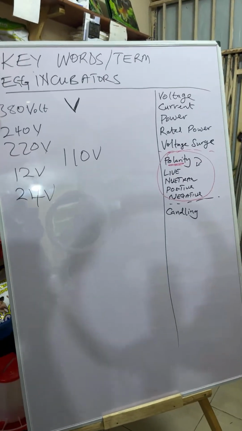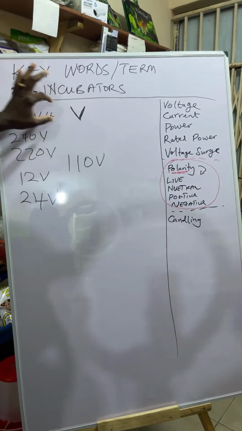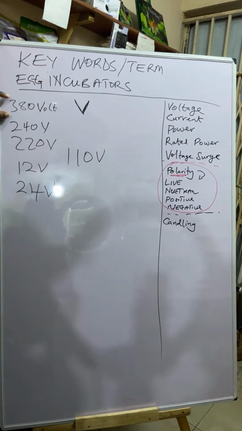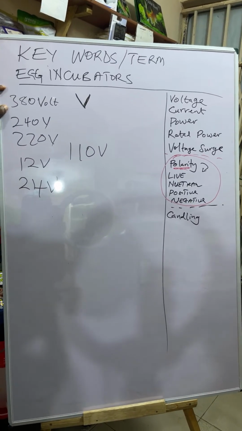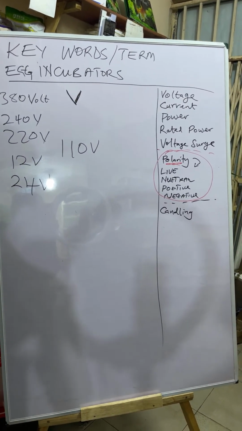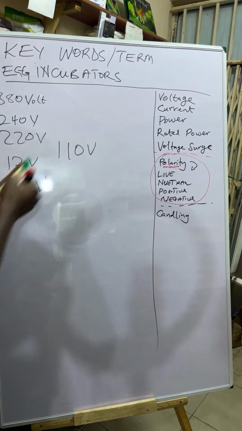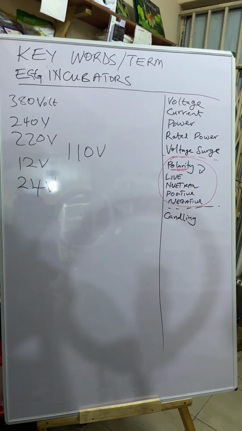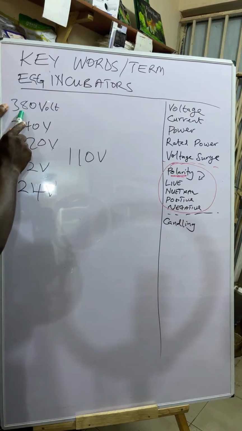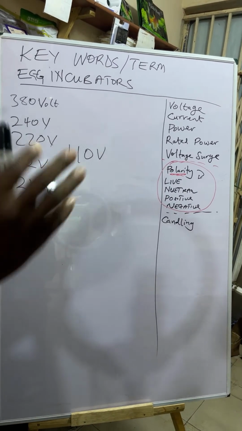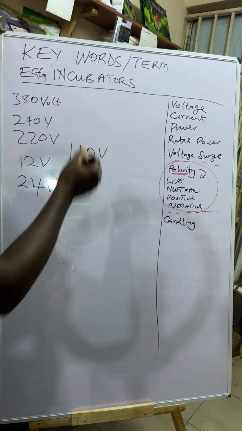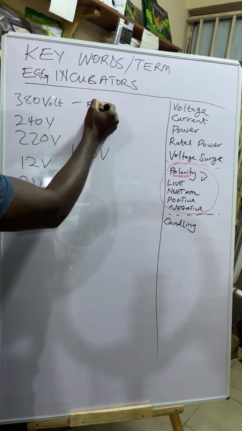This one is high voltage, usually the big machines in the factories use it. So we are not going to be using this at our level. We will not use this, because this is high voltage for the big factories. So this one is for the factory level.